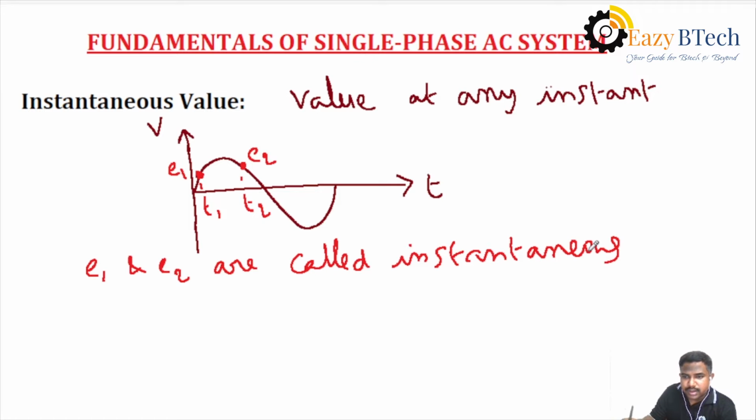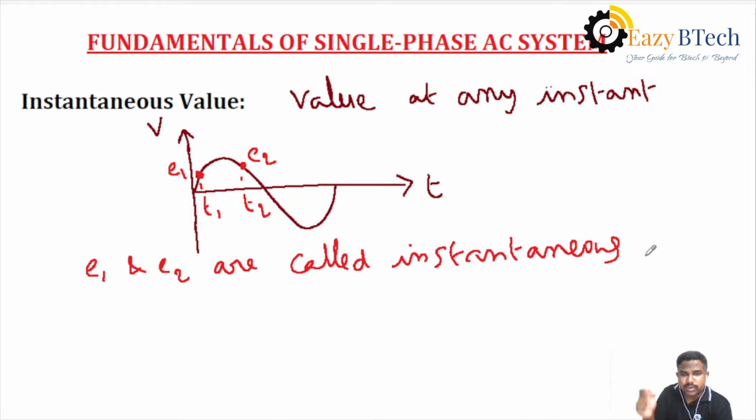By combining all instantaneous values from time to time, you will get the complete waveform of the given alternating quantity. What is meant by an alternating quantity? That is the value which alternately changes. At some instant the value is positive, and at some instant the value is negative.